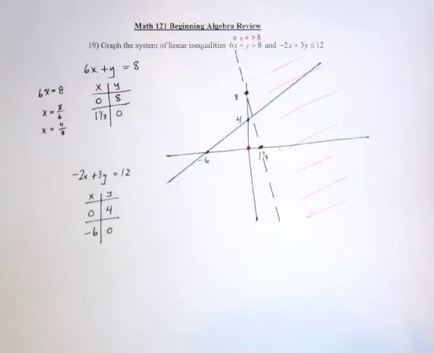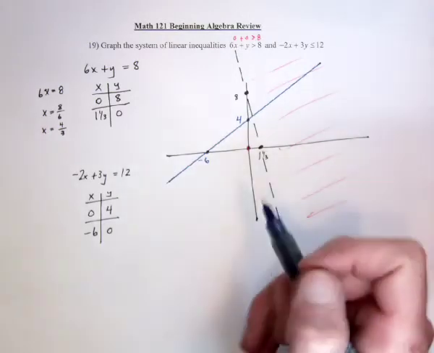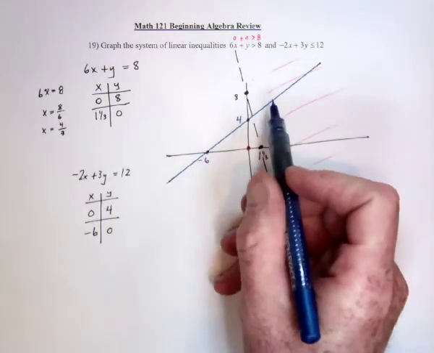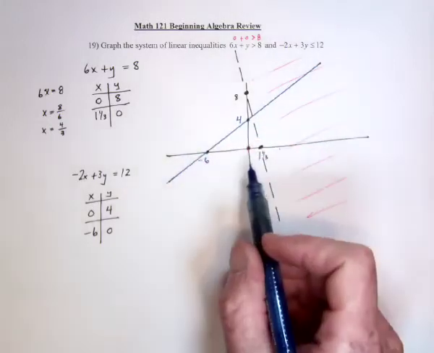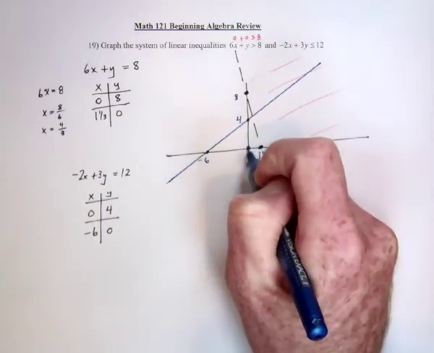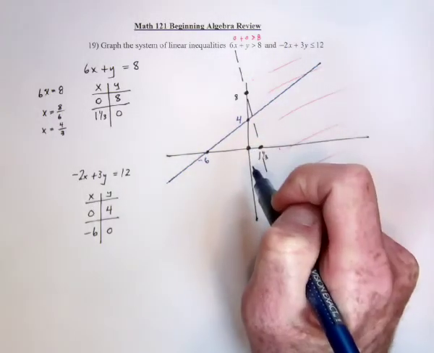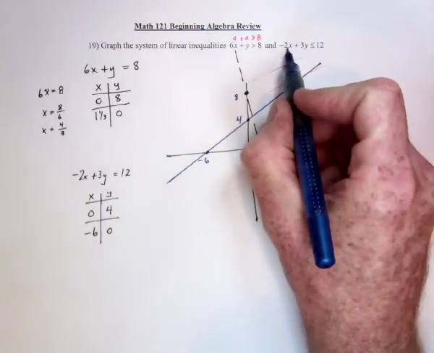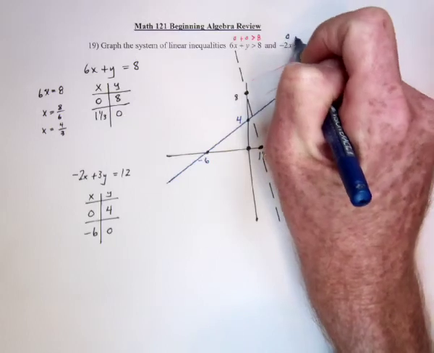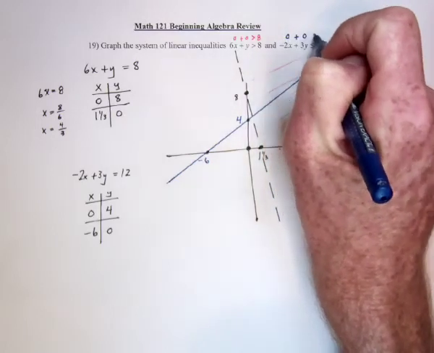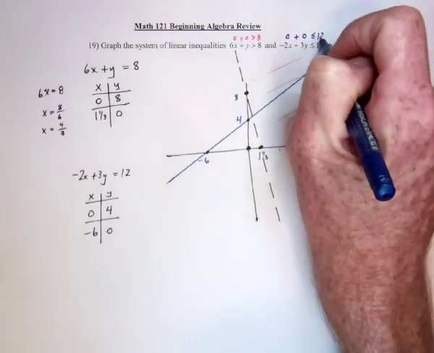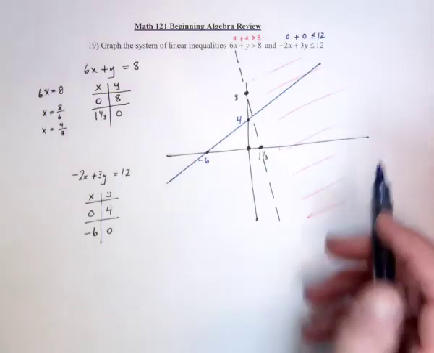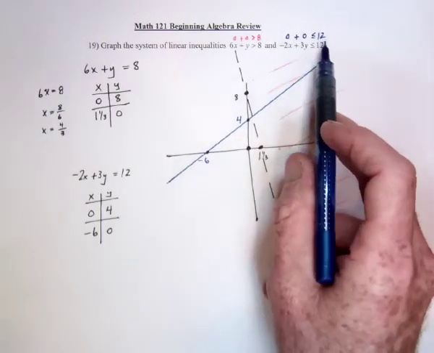And then we have to do the shading again. So with this blue line, the shading is either going to be above it or below it. So pick any point. Again, 0, 0 is easiest. And go back to the original problem. If you substitute a 0 here, this would say 0 plus 0, is that smaller than or equal to 12? So in other words, is 0 smaller than 12?